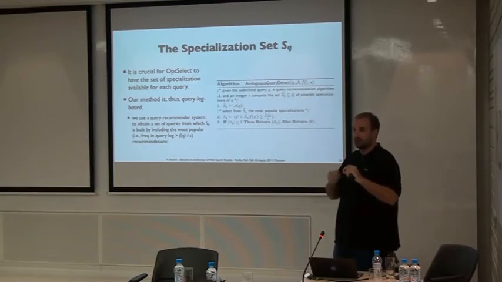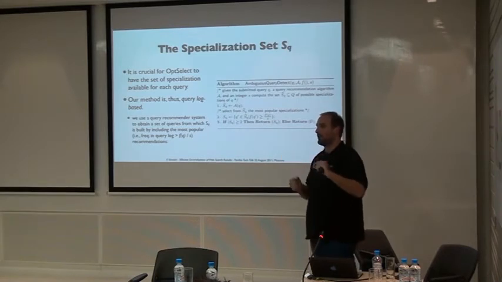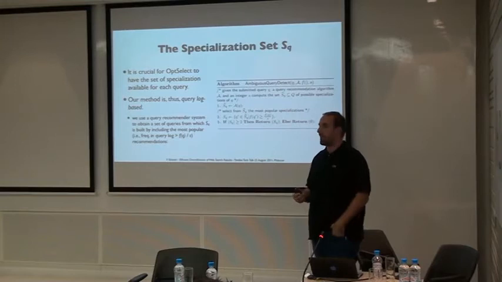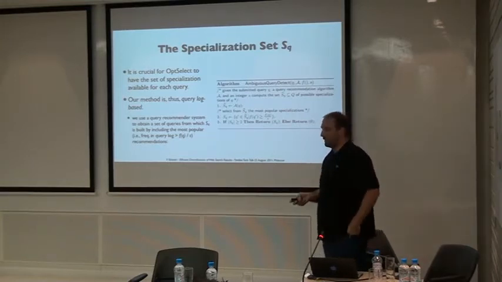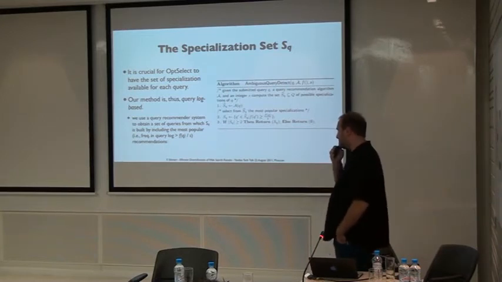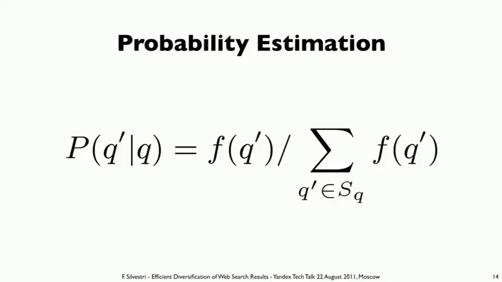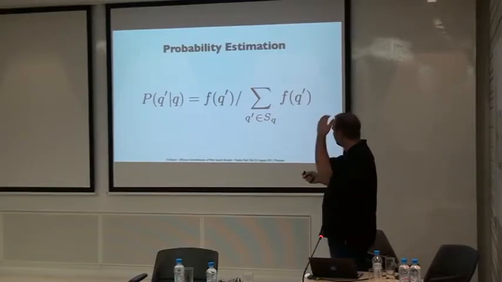And then we push this constraint into the problem definition. Basically, we want each user intent to be represented proportionally to its weight. So basically, we want the cardinality of results for a given user intent to be greater than or equal to k times the probability of that intent.